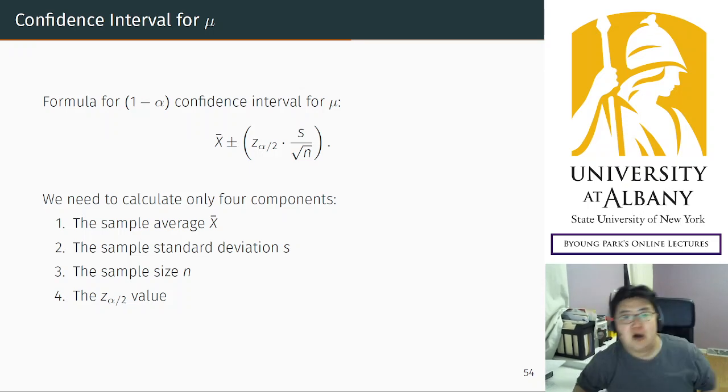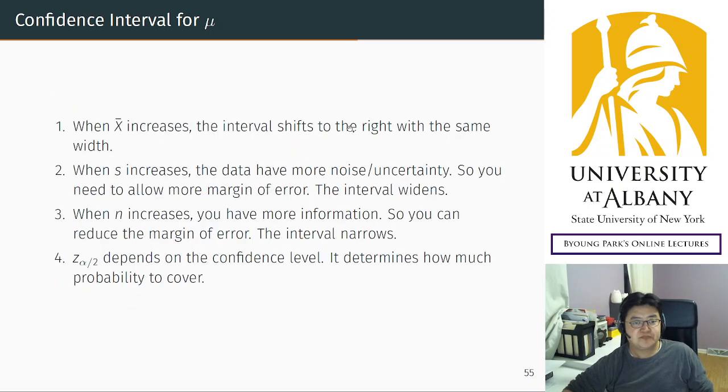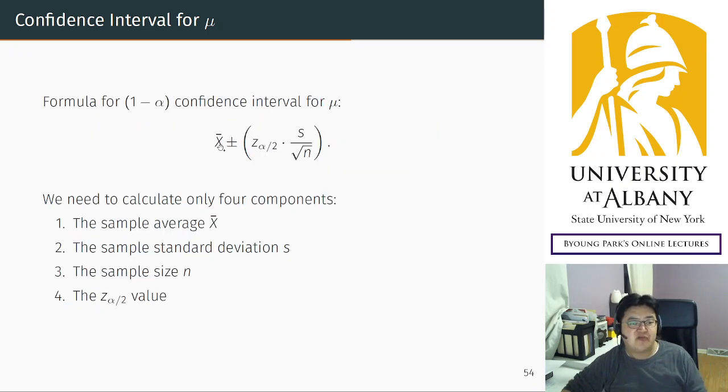Okay, in the last video, we learned how to calculate the confidence interval. In the end, it was pretty simple. And let's think about this. First, the confidence interval is always centered at x bar, and there is plus minus margin of error.